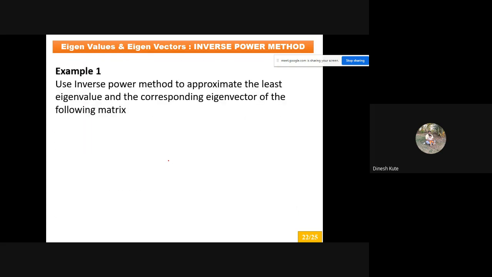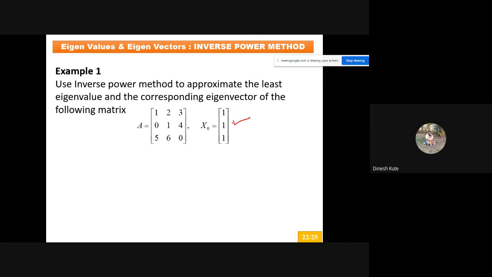Now let us discuss this method directly from one example. Use inverse power method to approximate the least eigenvalue and the corresponding eigenvector of the following matrix. This is our question. We have been given that matrix, and also the initial eigenvector. I explained earlier that almost in every example this initial vector is given.